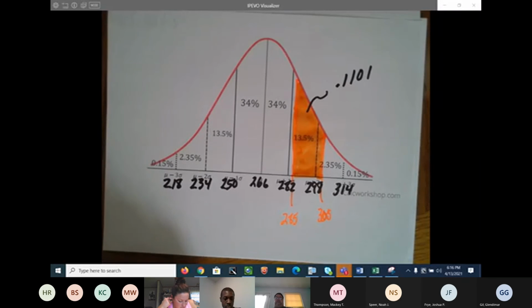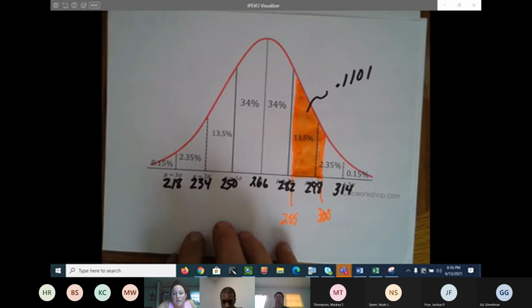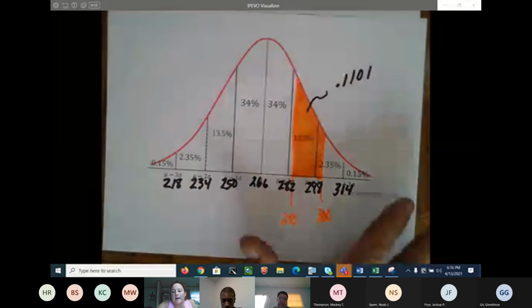All right, somebody give me the probability. Did you say area or did you say probability? I just said the probability of the pregnancy lasting from 285 to 305 is 0.1101. Okay.